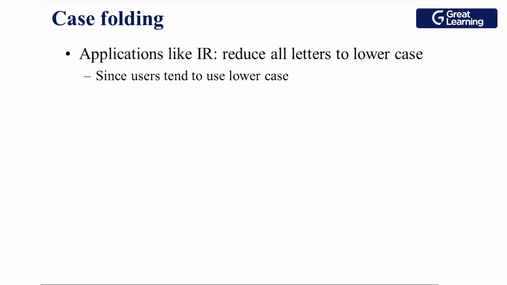So that's that. The next part is case folding. Many times, when you are doing text processing, people will tell you to lowercase everything because case causes an issue. Many times, you don't want to make any difference based on the case, which helps in correlating things that mean the same thing, since users tend to use lowercase.